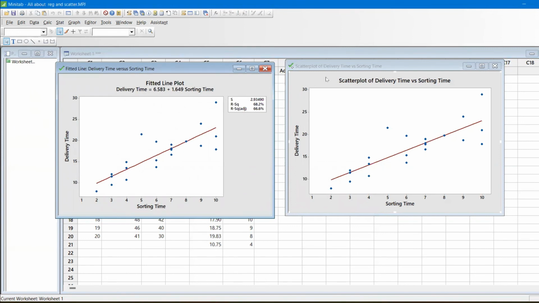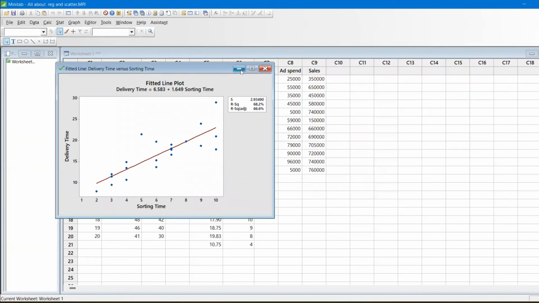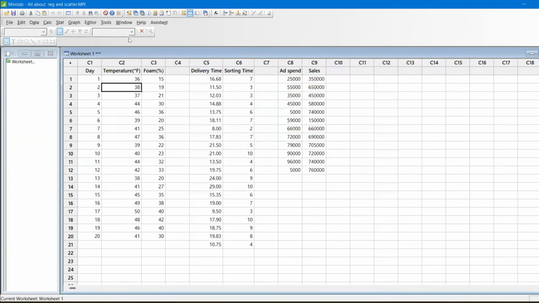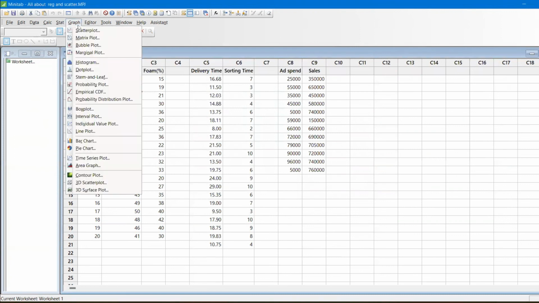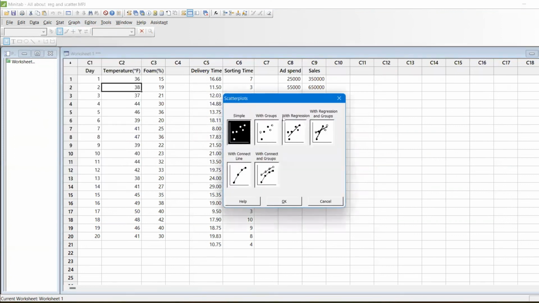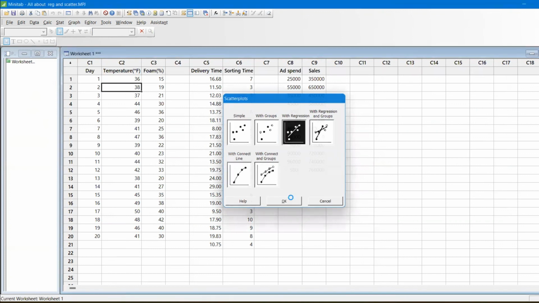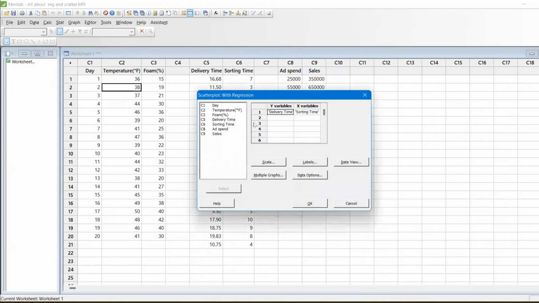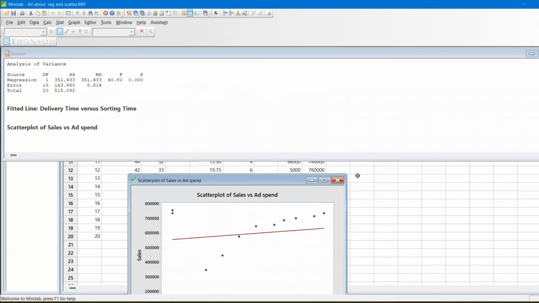Let's do the last and final one. The previous one was a moderate correlation, and now let's do the last one. I'm minimizing this, then Graph, Scatter, With Regression, click OK, and I'm going to press F3. And Y is sales, and X is how much ad has been spent. This is the value we have got.